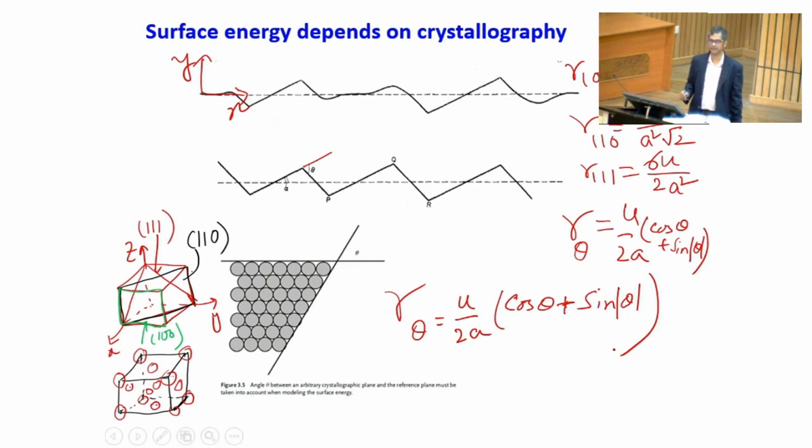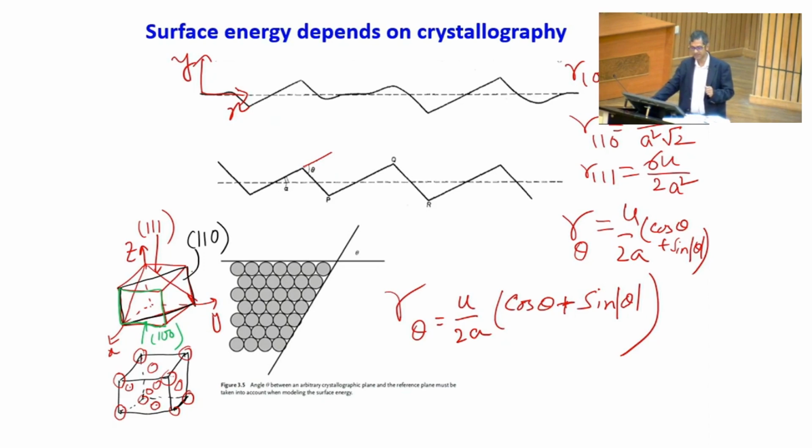This is a relationship in 2D. So, that means if you know the bond energy, if you know the distance a, which is basically the diameter of your atom, and if you know the angle theta each plane is making with the laboratory frame of reference or your frame of reference, then you can calculate this.